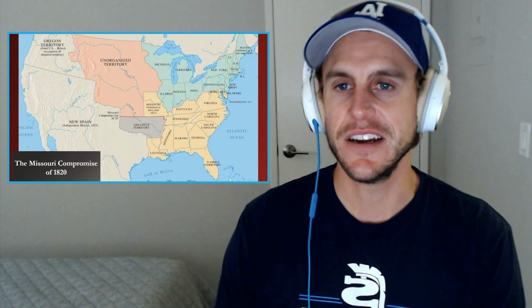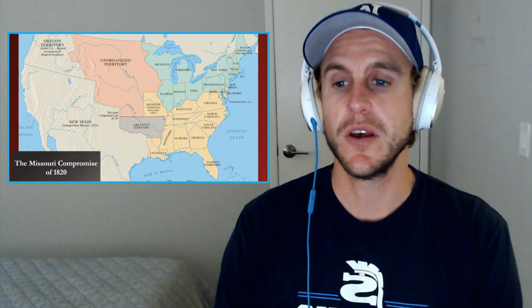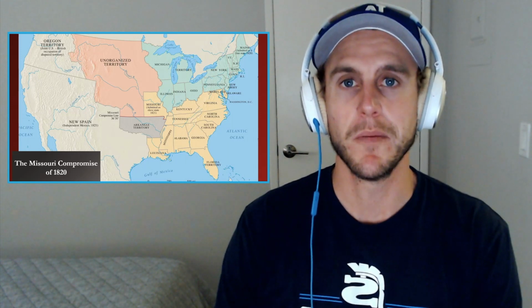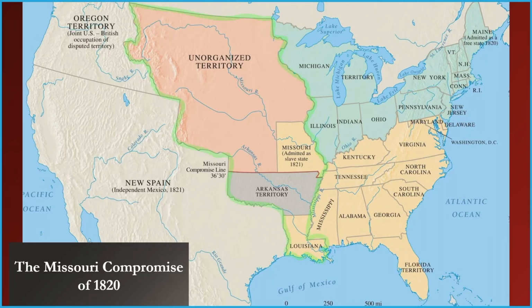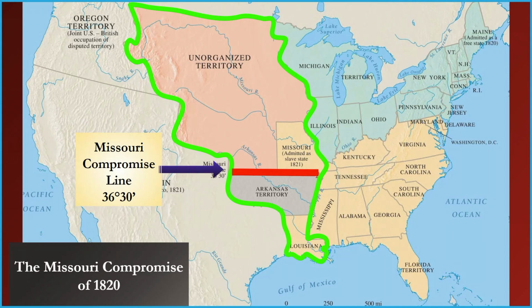And we can see here in this map of what the Missouri Compromise says. So the Missouri Compromise says the land here, highlighted in green, anything north of this red line has to become free states. Now, anything lower, anything south, can become a slave state.